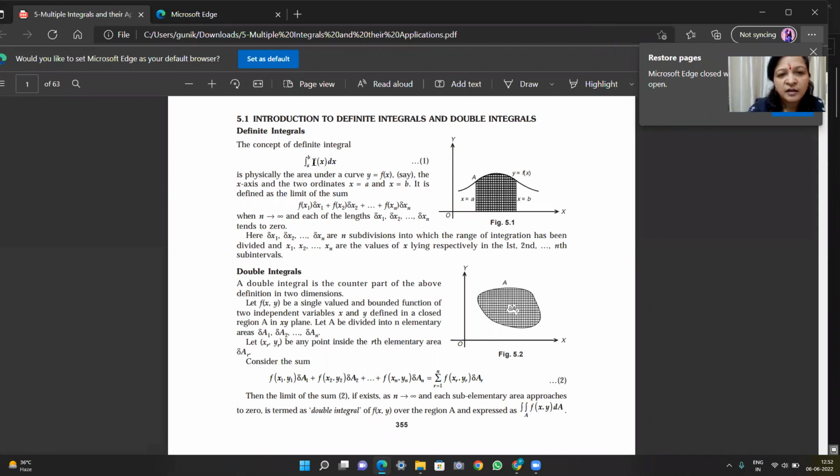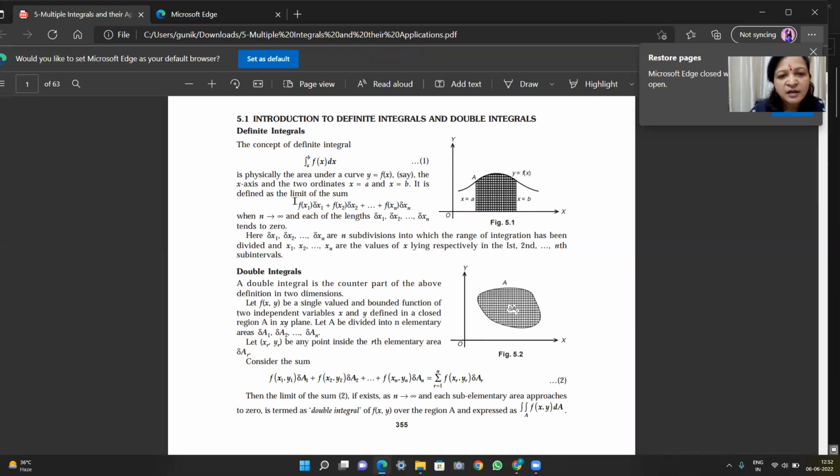Now the definite integral from a to b of f(x) dx is physically the area under a curve y equal to f(x), the x-axis and the two ordinates x equal to a and x equal to b, and this is represented by this figure.